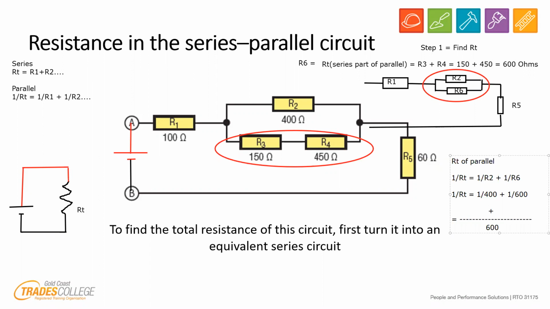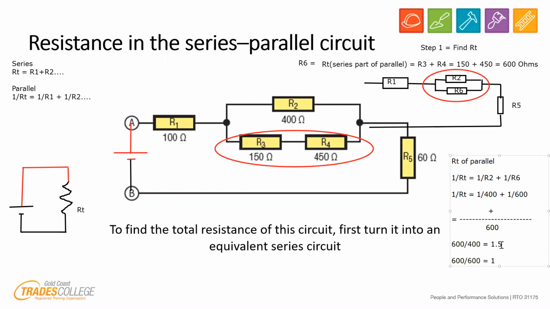All right, for the next step, I need to do 2 things. I need to do common denominator, which is 600 divided by the first resistor. Then I need to do the common denominator, which is the big number down the bottom, divided by the second resistor, which was 600. You guys know that I'm someone who always uses a calculator. All right, so our first one there would be 1.5, and obviously that second one then would turn to be 1.